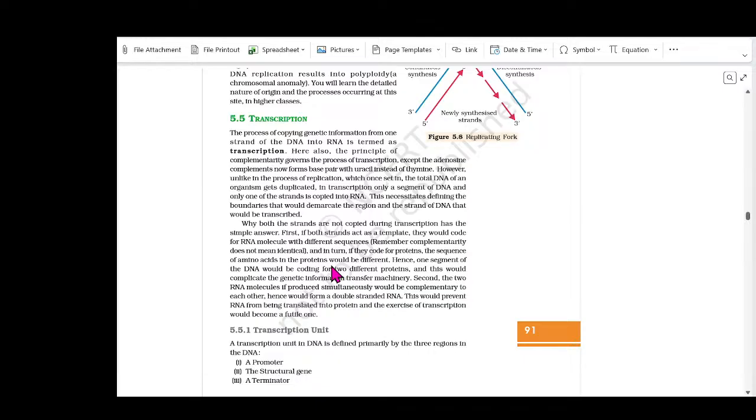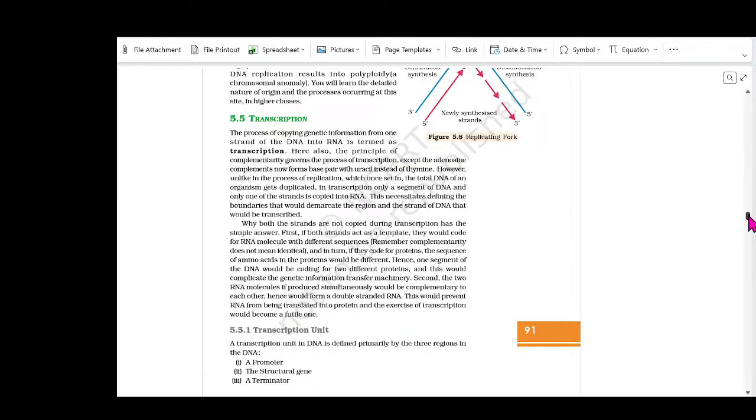Hence, one segment of the DNA would be coding for two different proteins, and this would complicate the genetic material transfer machinery. Second, the two RNA molecules, if produced simultaneously, would be complementary to each other and hence would form a double-stranded RNA. This would prevent RNA from being translated into protein and the exercise of transcription would become a futile one.